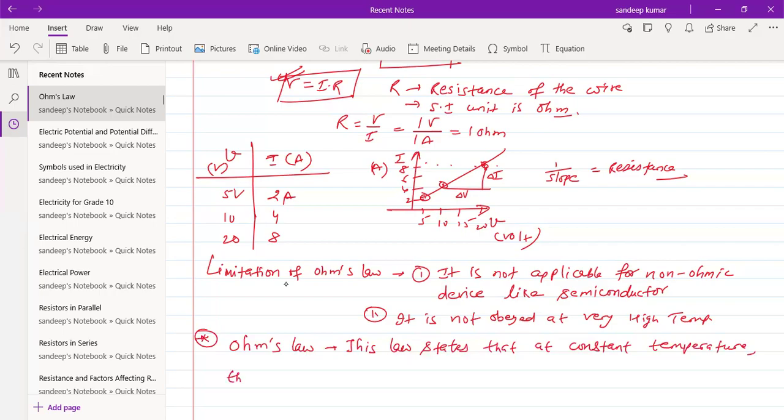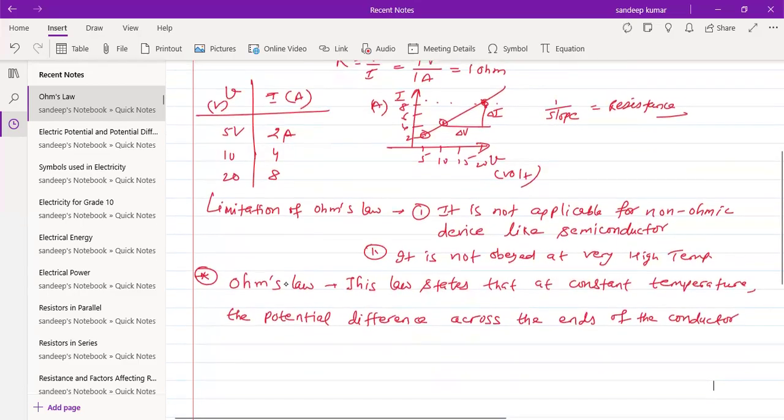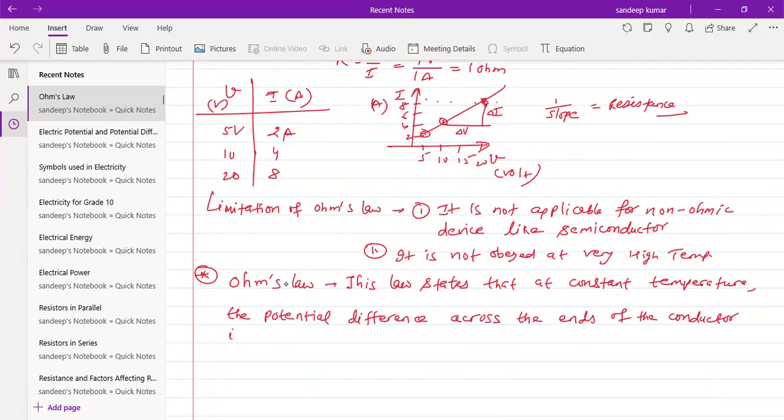At constant temperature, the potential difference across the ends of the conductor is directly proportional to the current passing through it.